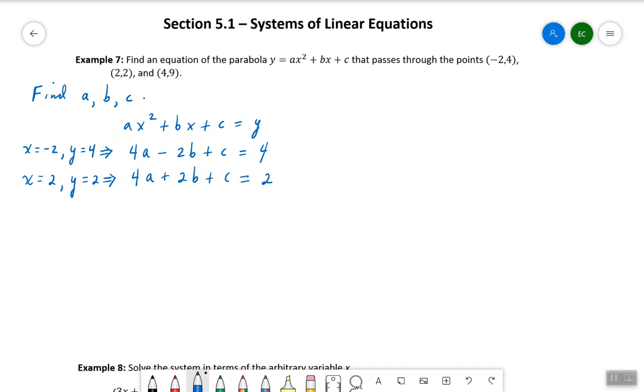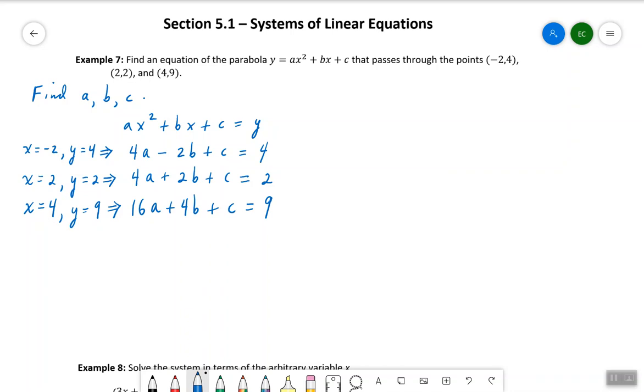And then in the last equation we have x equals 4 and y equals 9. And so we have x is 4 squared times a, so 16a, plus bx, x is 4, plus b times 4, plus 4b, plus c is equal to the y value 9.